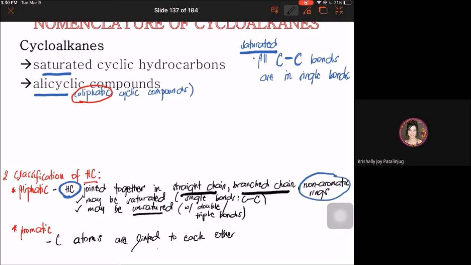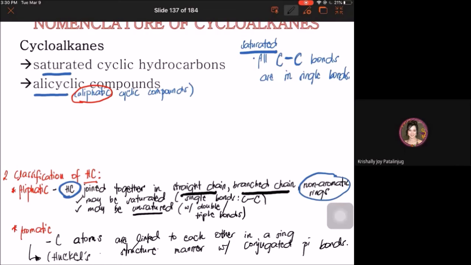Meaning it is being connected to each other in a ring structure with conjugated pi bonds. Or in general, kapag aromatic, it follows a rule known as Huckel's rule, which is the 4n plus 2.